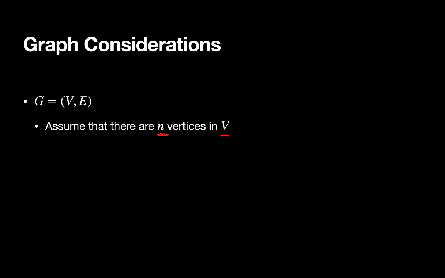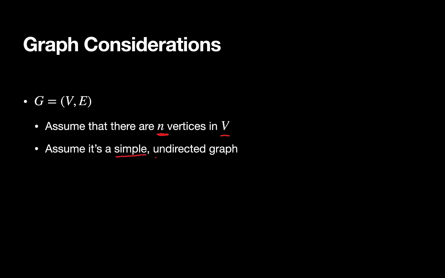So let's talk about some graph considerations that may be handy to us as we start talking about implementing things and come back to the idea of time complexities. So if we've got a graph G that is a collection of vertices V and edges E, for the next couple of minutes, I'm going to assume that we're using lowercase n to represent the number of vertices in V. And I'm also going to assume we've got a very specific type of graph.